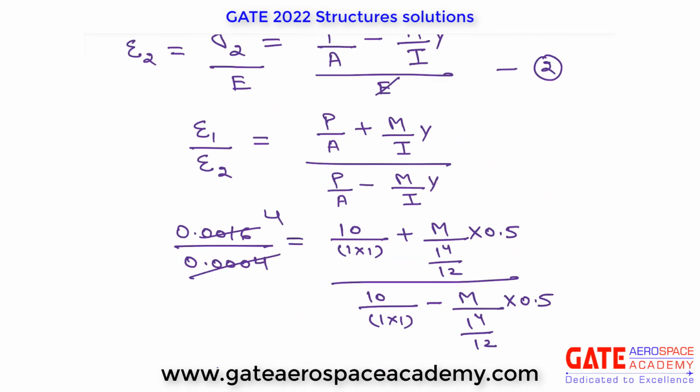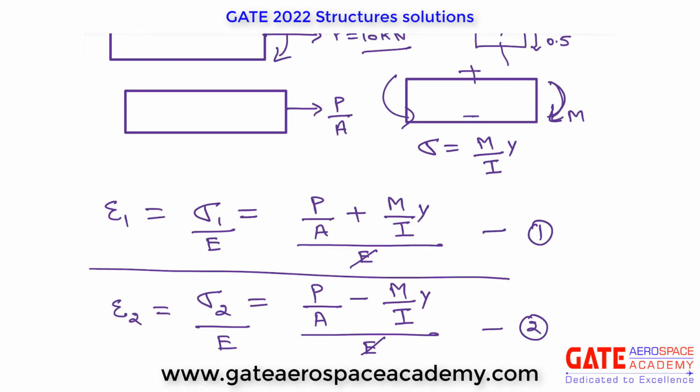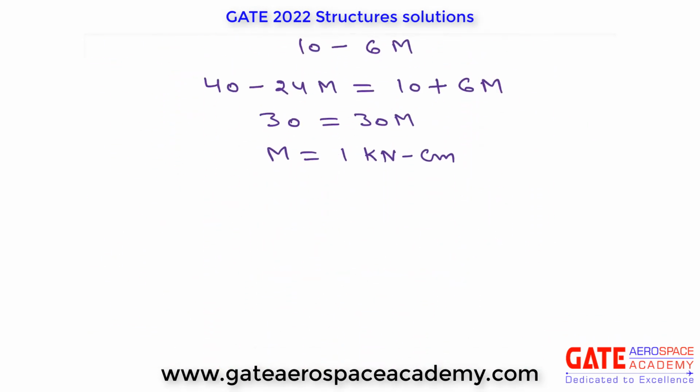Now moment is equal to here P into e, right. So P into e is equal to 1 kilonewton centimeter, means 1000 Newton centimeter. P is equal to 10 kilonewton into e is equal to 1000.